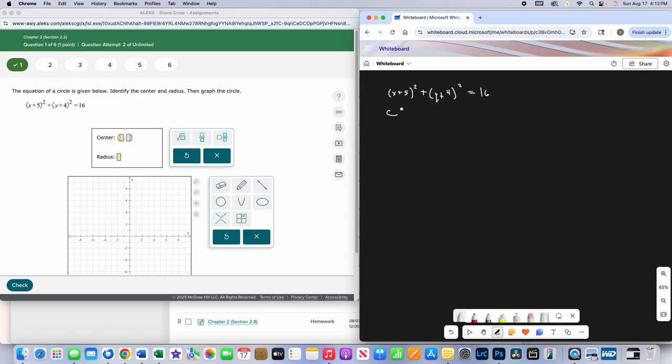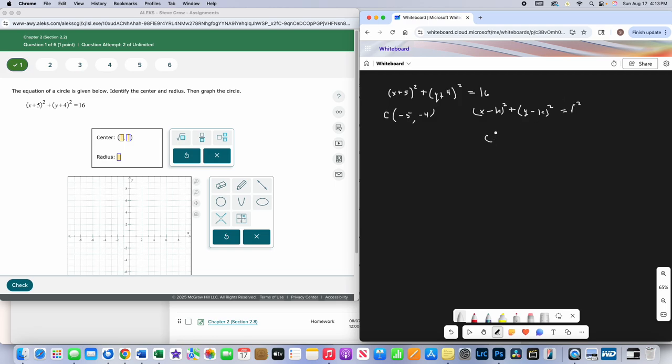So we've got the center at (-5, -4). Okay, remember the equation of a circle is in the form (x - h)² + (y - k)² = r².